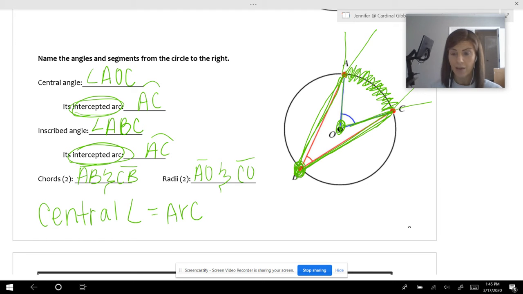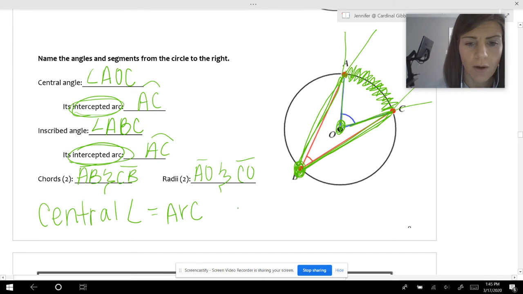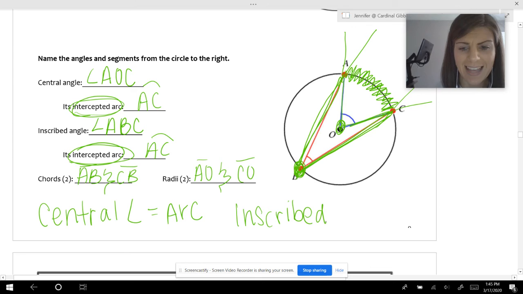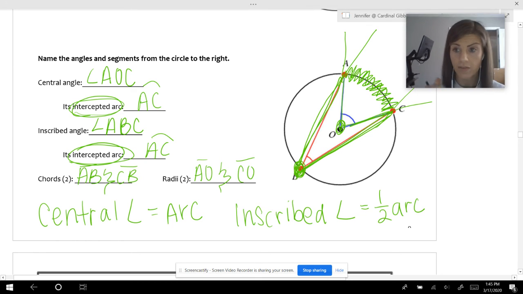The inscribed angle, if you think of it as pulling that vertex back to the edge of the circle, you're shrinking that angle when you do that. So the inscribed angle is half of the arc. If the arc is 50 degrees, the inscribed angle is 25. If the inscribed angle is 25, the arc is 50. That's a really important relationship.